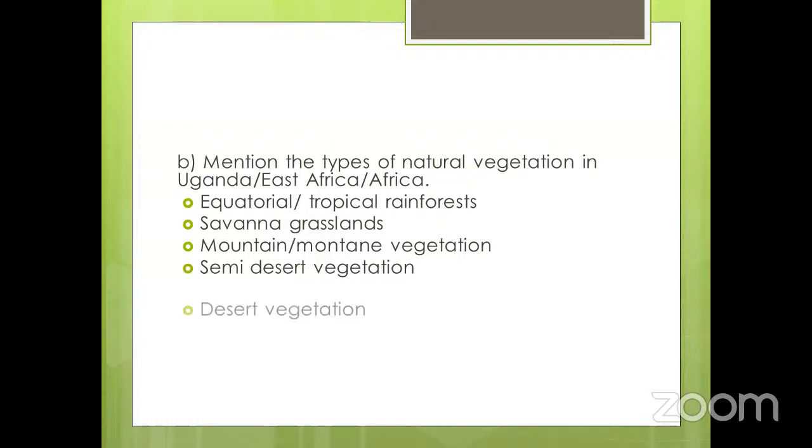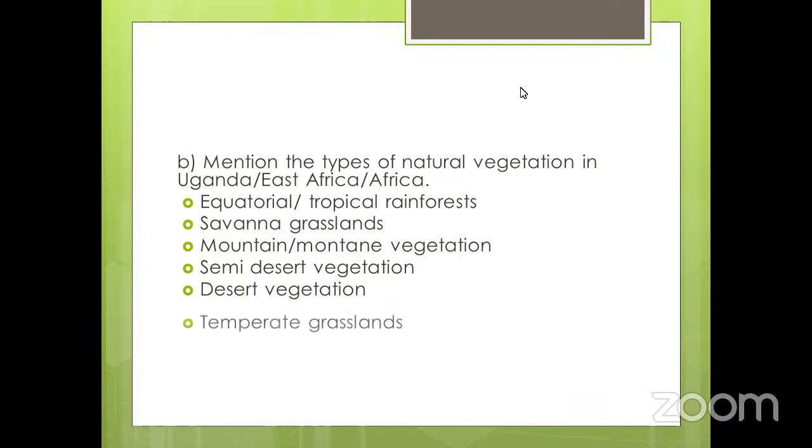So other types include desert. Is there a desert in East Africa? No. So when we talk about Africa in general, like the northern part and the southern part of Africa, there you find some deserts.